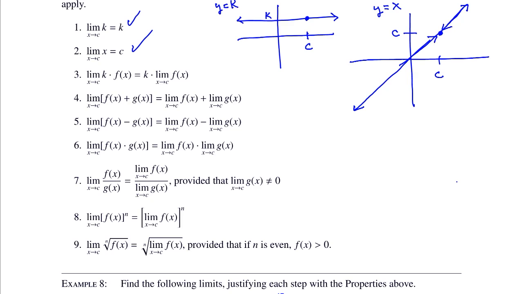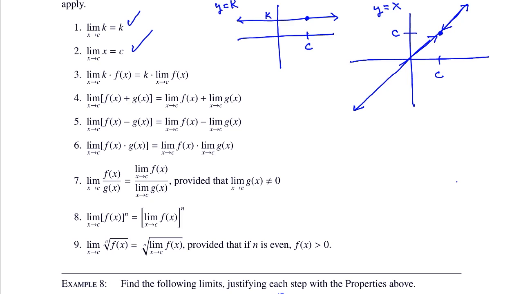Properties 4, 5, and 6 are when you take the limit of two functions and you either add them, subtract them, or multiply them. Here you're taking the limit of the sum of two functions. That turns out to be the sum of the two individual limits. So you can sort of take the limit of each individual function and then add them up, or subtract them, or multiply them.